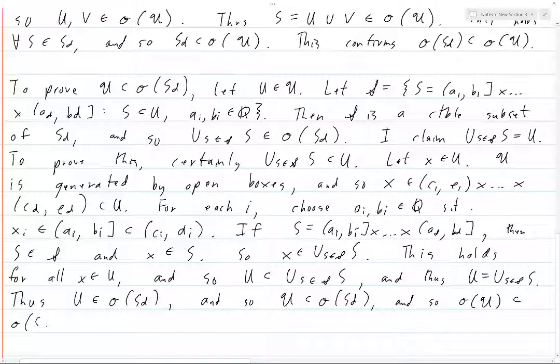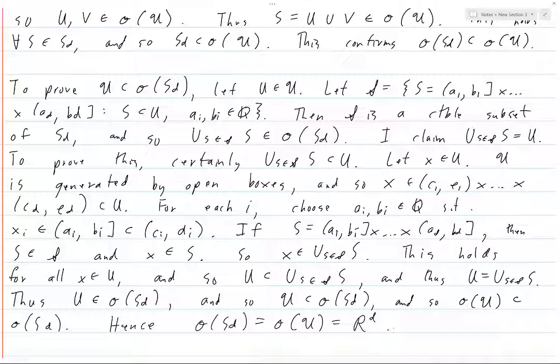And hence, the sigma field generated by S_D is equal to the sigma field generated by U, which is, by definition, the Borel sigma field on R^d. That's just because we proved it by inclusion, and so you have equality of these sets. And that's all there is to this exercise.